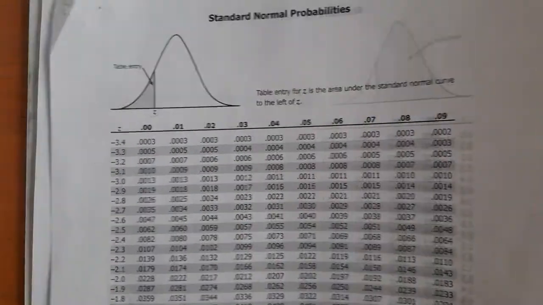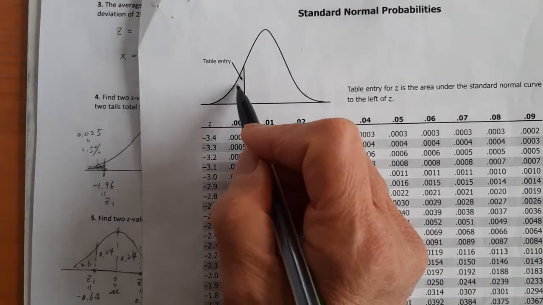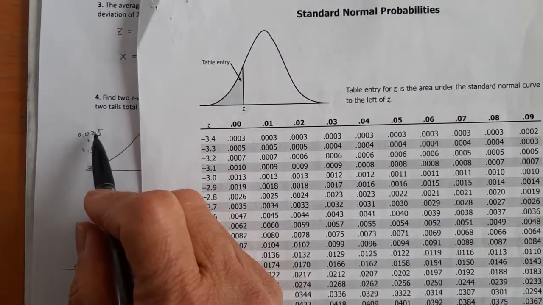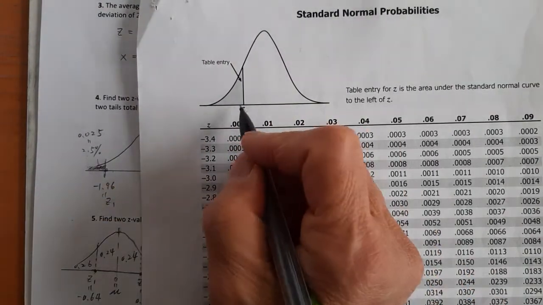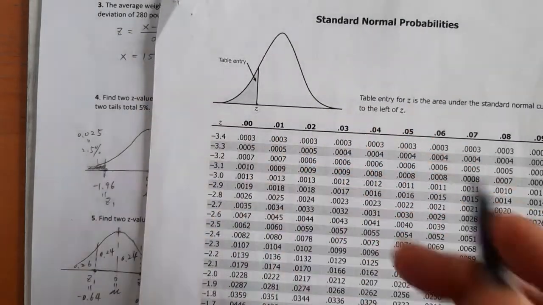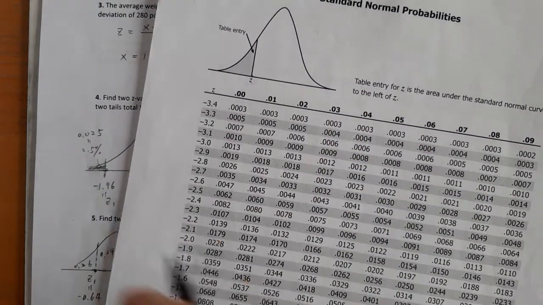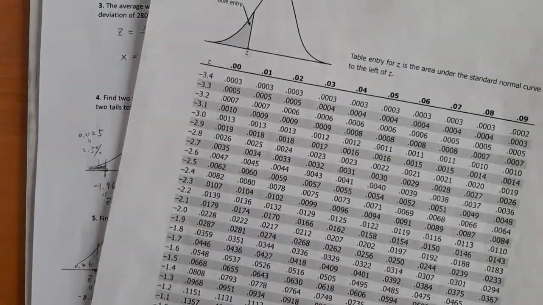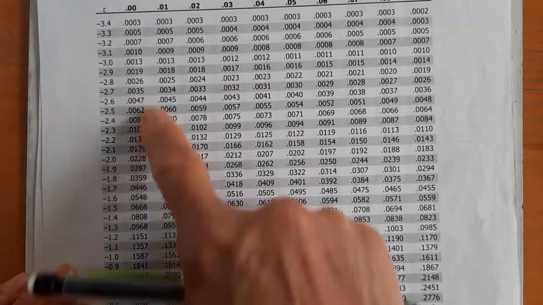So for this question, given this area is 0.025, you are going to find the corresponding z-score. You have to look at this body of the table.